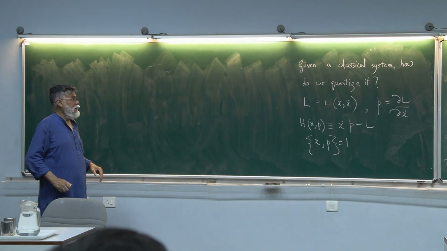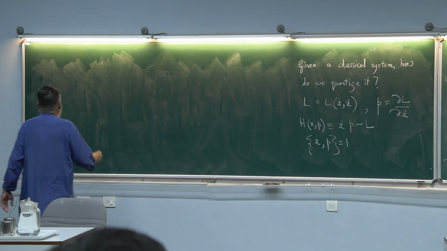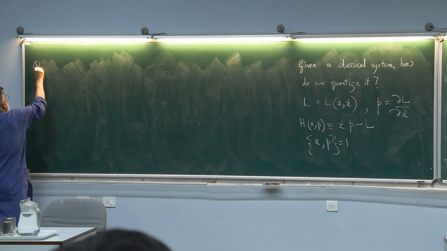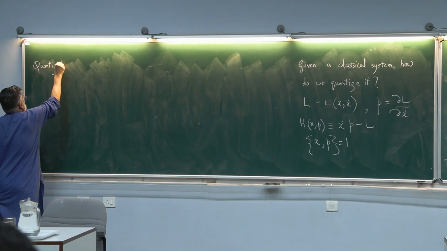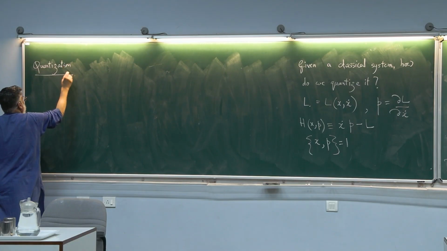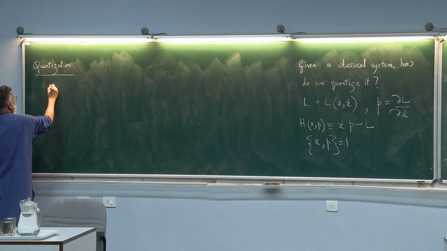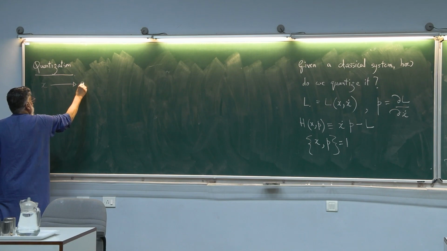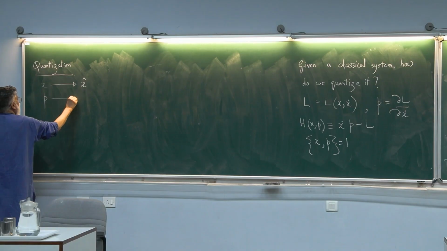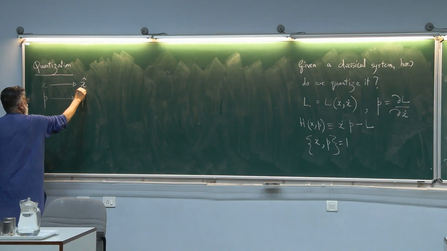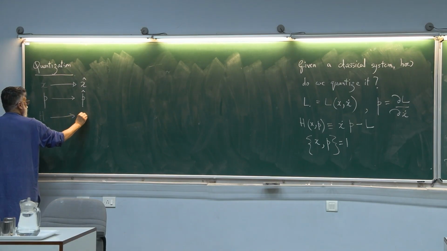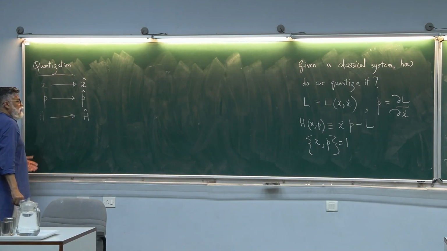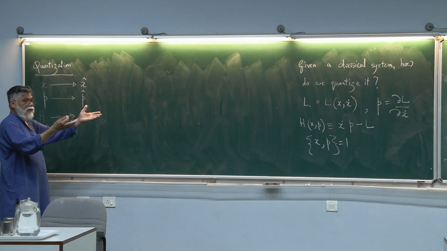Quantization, the process of quantization, is that position now becomes an operator. It goes to a Hermitian operator x cap. Momentum goes to the momentum operator p, and the Hamiltonian goes to the Hamiltonian operator. But how have you turned them into operators?